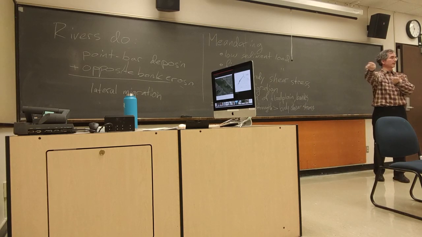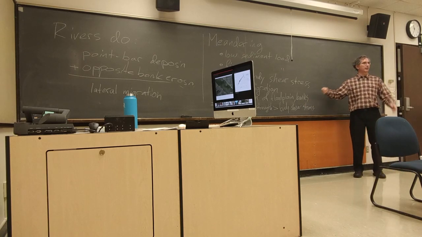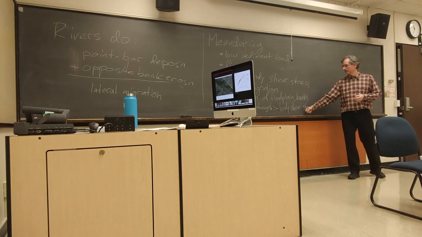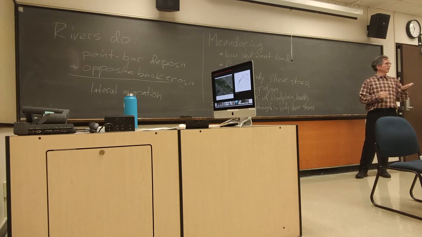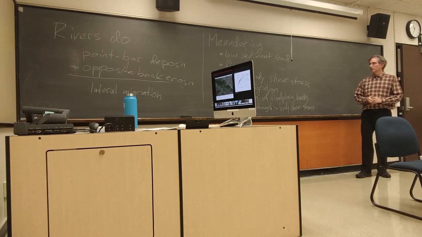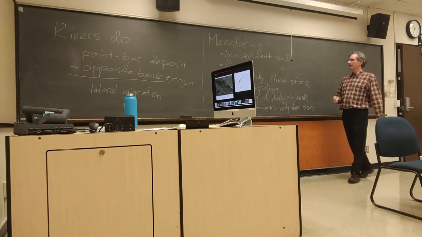We're talking overbank flow. So we've got relatively modest overbank flows that don't generate so much shear stress that they can typically overcome the strength of that floodplain material, or combination of that material and the vegetation.